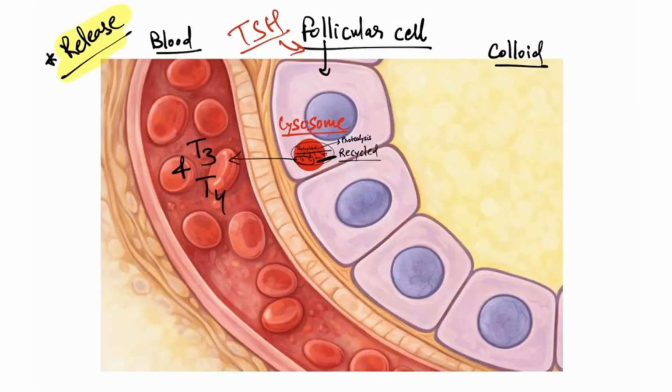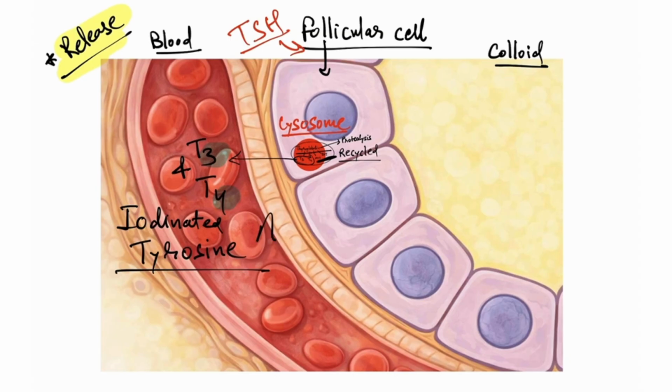Now the most important structural concept. T3 and T4 are just iodinated tyrosine molecules. They contain two tyrosine rings plus iodine atoms. T3 contains 3 iodine atoms. T4 contains 4 iodine atoms. They are not peptides. They are not proteins.